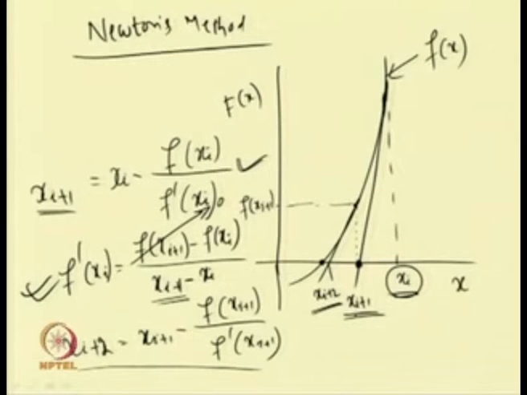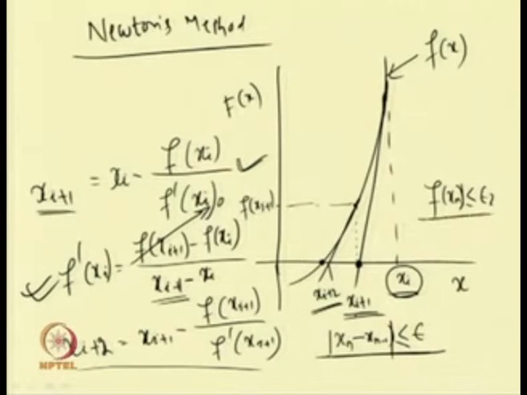We can get the convergence by using the previous method, or we can find this convergence from this. Let x_n be the converged solution. Then the mod of x_n minus x_(n-1) should be very less than epsilon, and this functional value f(x_n) should also be very close to the solution, so it should be very close to epsilon 2.